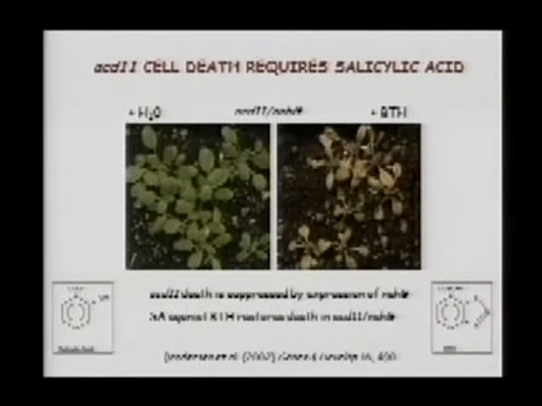So if you're a geneticist, you try to be smart and lazy, and you basically set up screens where the plants do the work for you. So this is an ACD11 plant that carries the NahG transgene. It has no SA. It's perfectly normal. It has a nice life and many babies. Okay? On the other hand, if we spray it with BTH, we kill them.